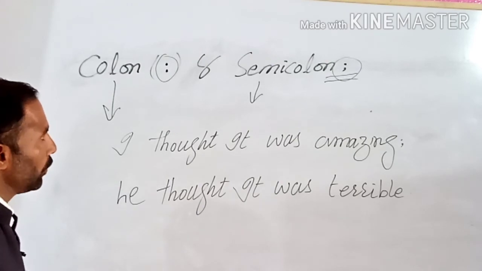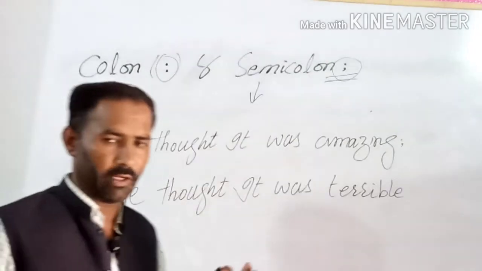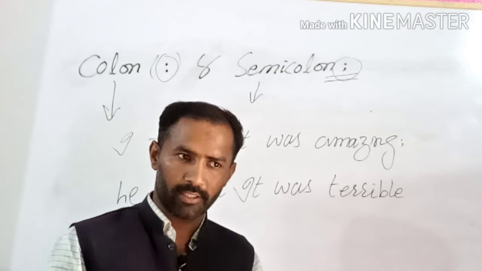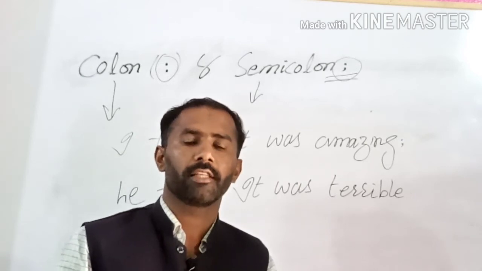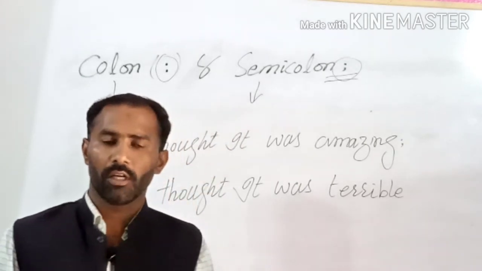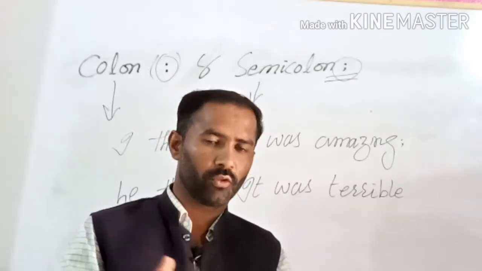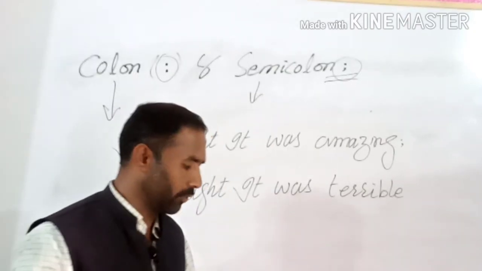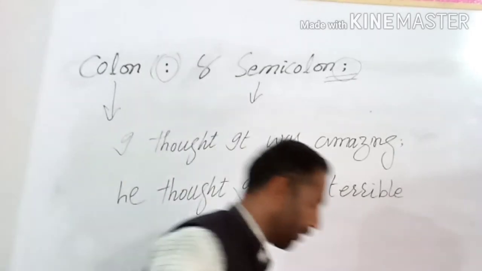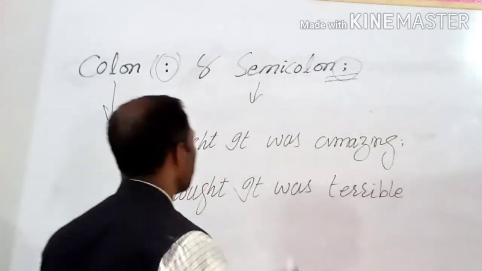We can also use a semicolon when we connect two sentences by using linking words. Linking words mean however, whenever, in fact. When we connect two sentences by using these words, that time we also use a semicolon. How? Let's see an example.